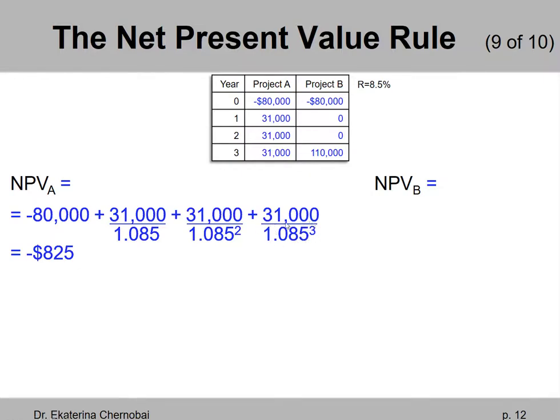So you divide 31,000 by 1.085 to the third power. And the answer you get, if you do this whole math by hand, is negative $825.